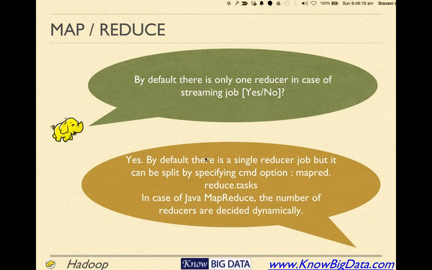But by default, there is a single reducer in case of a streaming job. It can be increased by mentioning this configuration option, as we showed you. Putting -D mapred.reduce.tasks=2 created two separate files in the word count example.